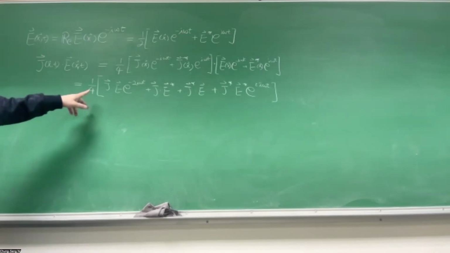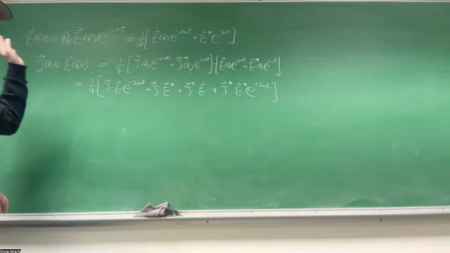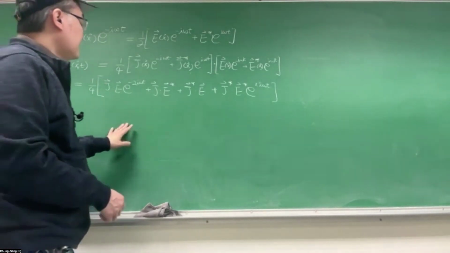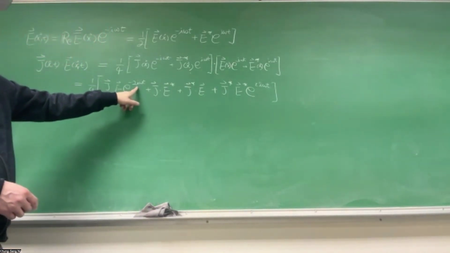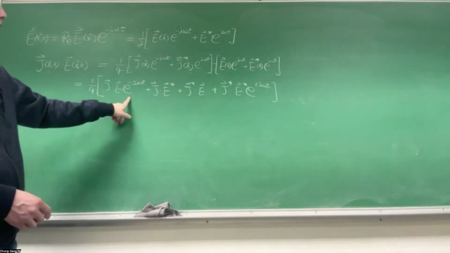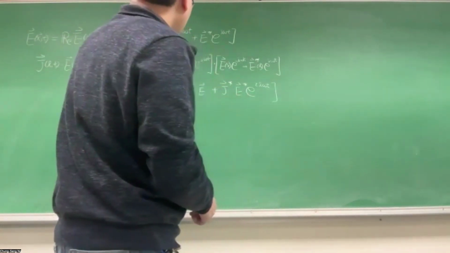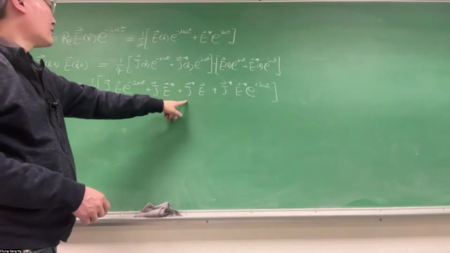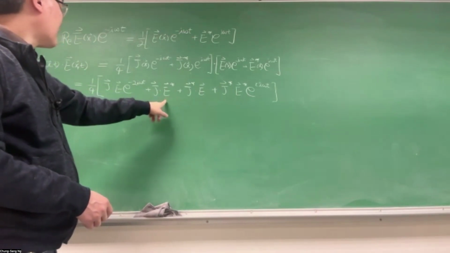You're actually doing something like what we just did, the average over one period. In that case, because you have e to the 2i omega t, this is double the frequency. When averaged over one period, all of this goes to 0, right? But these 2 terms don't have this exponential function anymore, so the average is just the same.